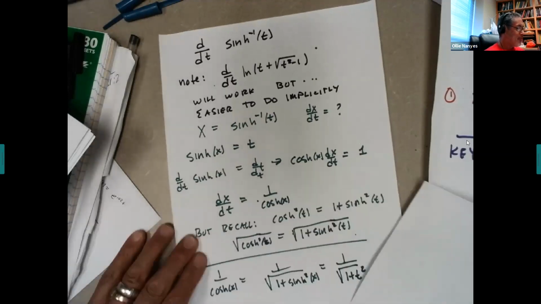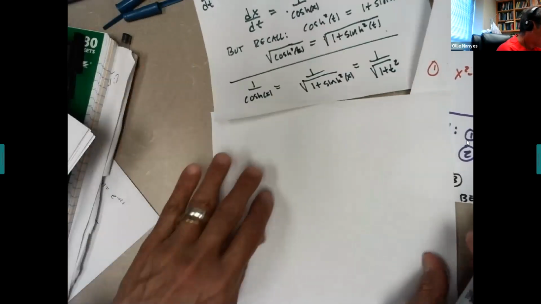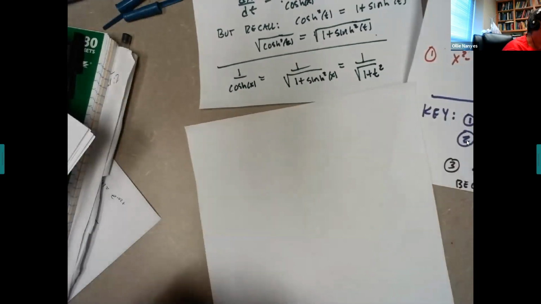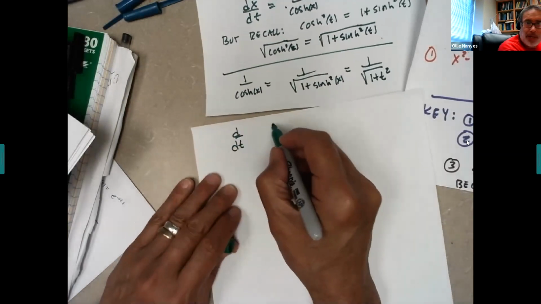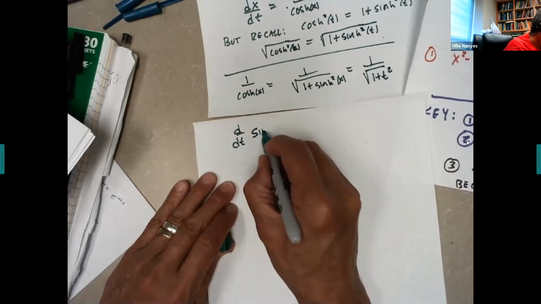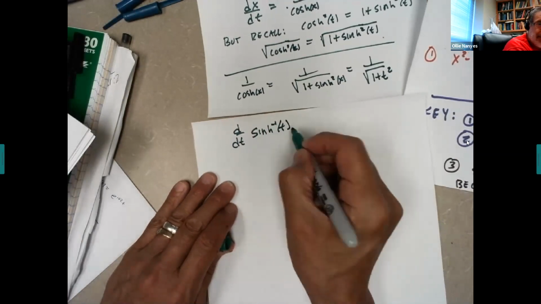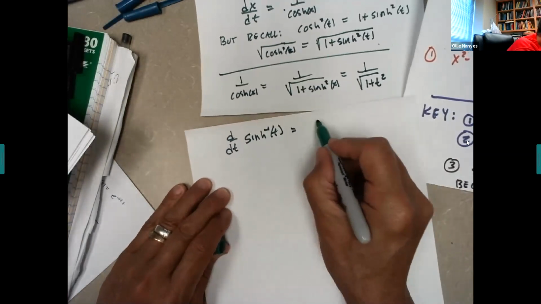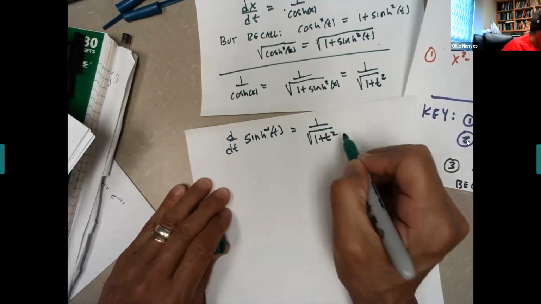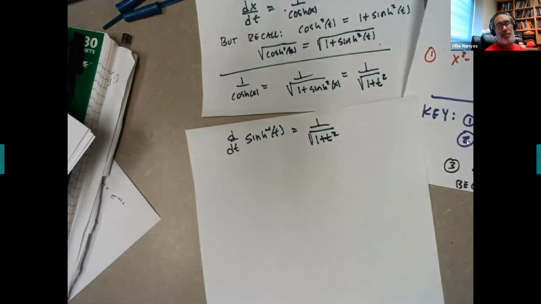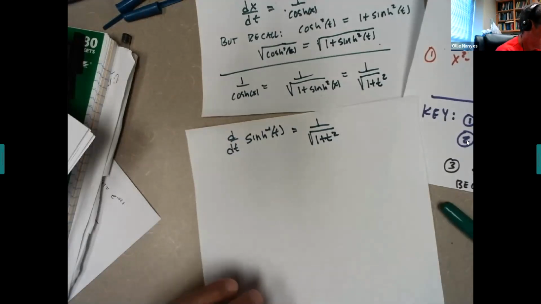So what we've shown is that the derivative of inverse hyperbolic sine is this. And that's a very, very nice formula to have. Now, let's do an exercise.